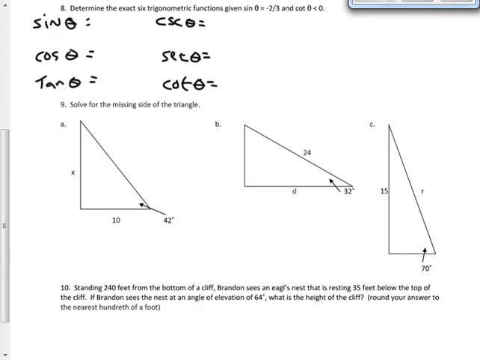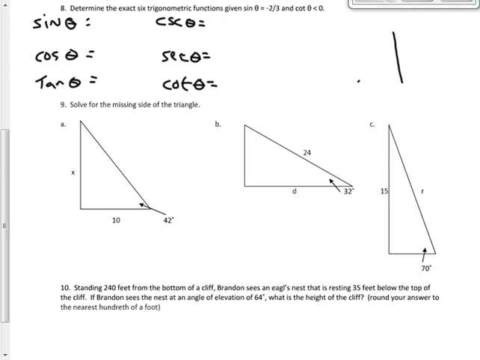Okay, so determine the exact 6 trig functions, given that sine of theta is negative 2 over 3 and cotangent is less than 0. So I've got a sine being opposite over hypotenuse. So I can guarantee that my triangle either looks like this, with the y value being positive, so it doesn't look like that.